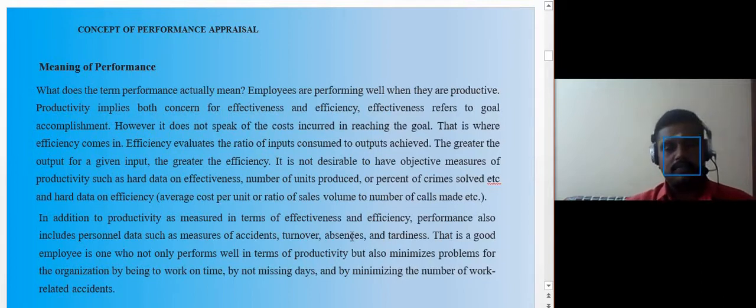In addition to productivity measured in terms of effectiveness and efficiency, performance also includes personnel data such as measures of accidents, turnover, absenteeism, and tardiness. So a good employee is one who not only performs well in terms of productivity but also minimizes problems for the organization by coming to work on time, not missing days, and minimizing the number of work-related accidents.